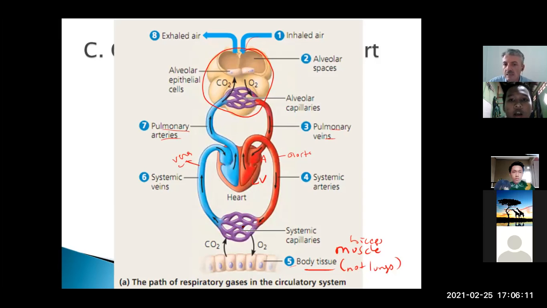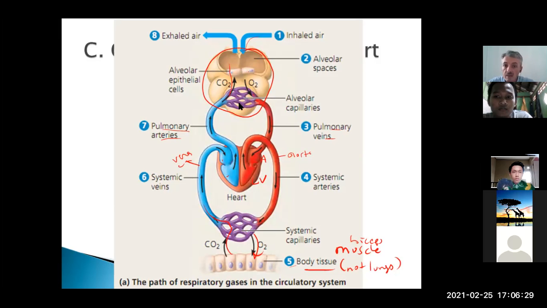Okay, if it is kidney, renal artery, and then kidney, renal vein, vena cava, right atrium, right ventricle, pulmonary artery. Carbon dioxide now is here. Oxygen is used there, oxygen is gone, CO2 comes in, and then CO2 goes out.